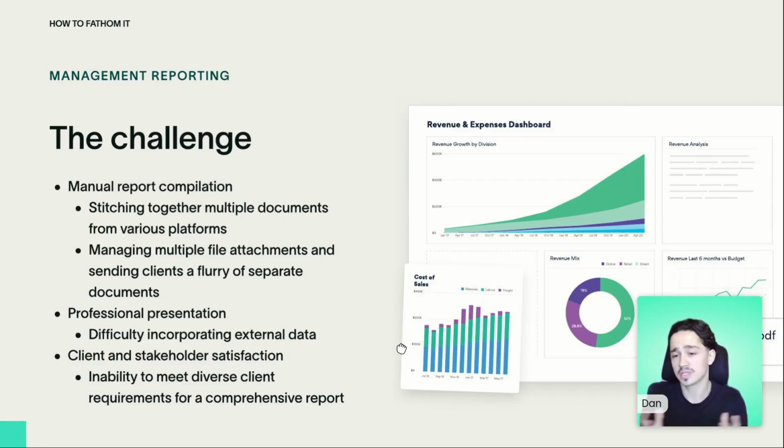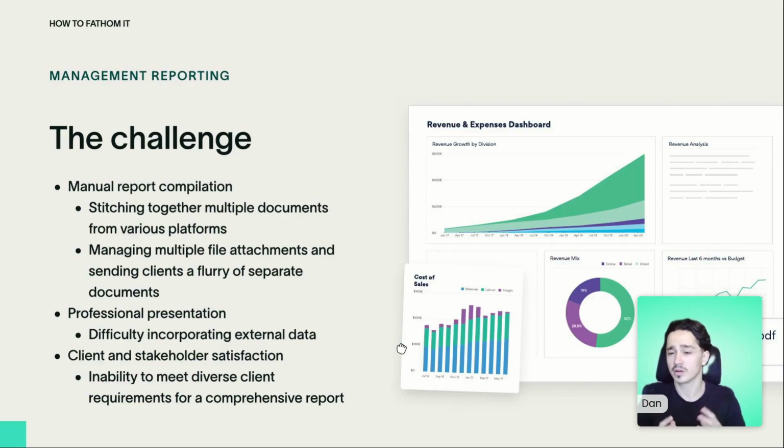And that leads us on to some of the challenges you may be familiar with, and that came from manual report compilation. What we found is users were having to stitch together multiple documents from various different platforms, and this of course is very time consuming. We also found that managing multiple file attachments and sending your clients a flurry of separate documents was time consuming, but also potentially led to lost documents.